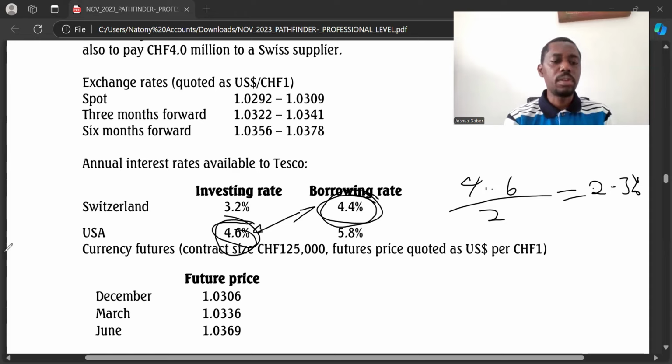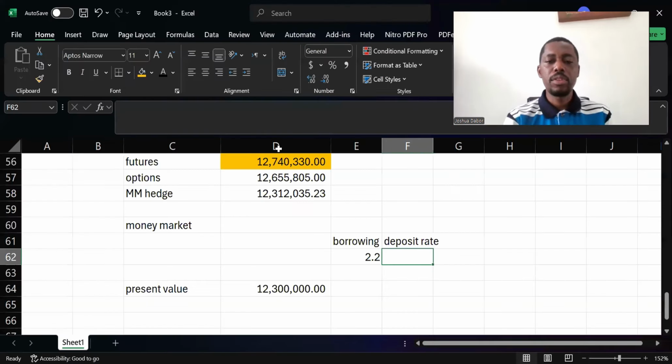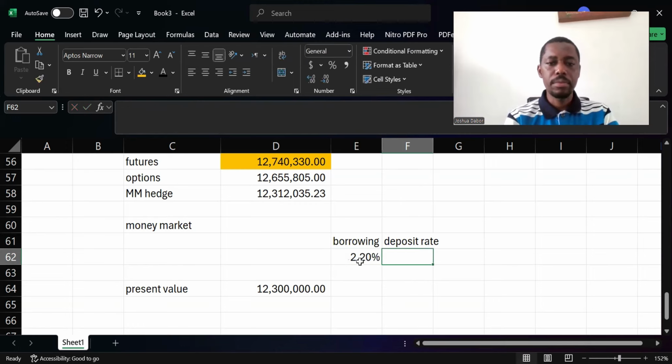So let's see how that is going to work out here. So deposit rates, let me turn this to percentage. 2.2%. While deposit rates for the USD is 2.3%.